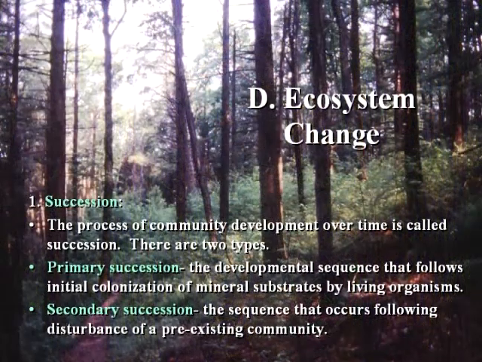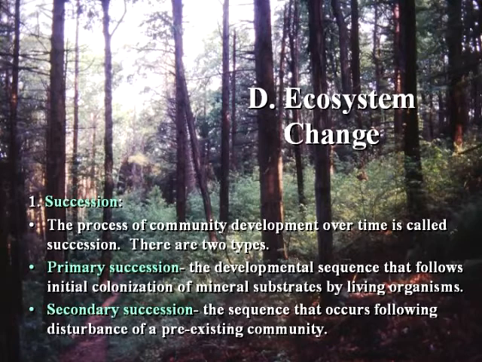So, once again, to summarize, primary succession is the development of plant communities that occurs after the initial colonization of a mineral substrate by plant species. There is this sequence of colonizations that occurs, certain species colonizing first and then other species coming in as the site is modified by the colonizing species.